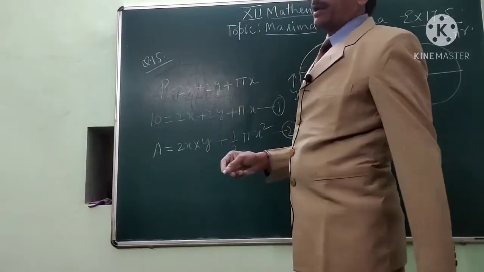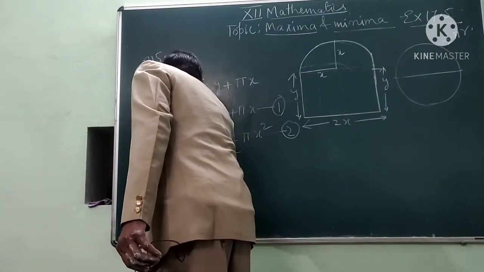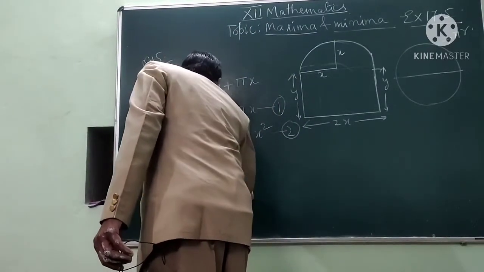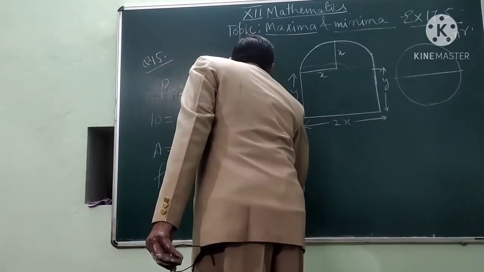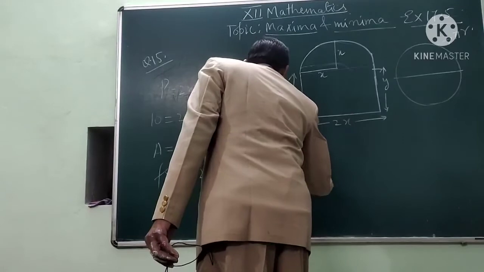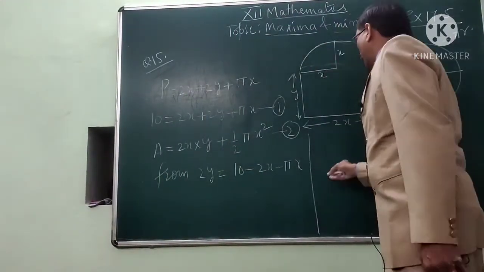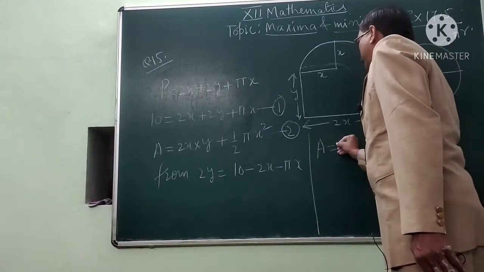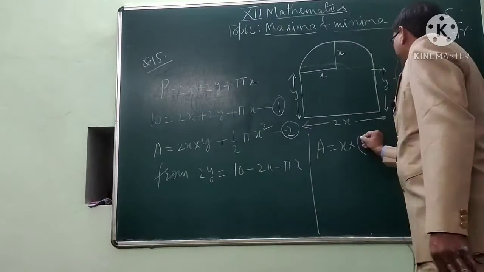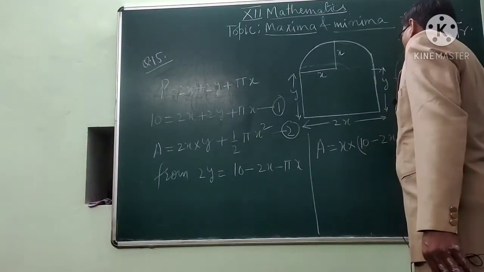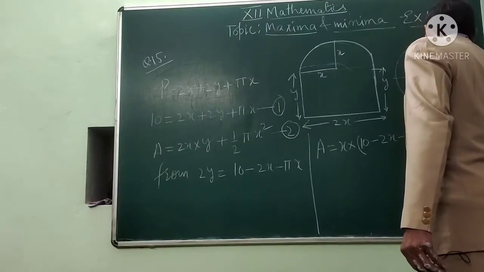Now we will find the value of 2y from the first equation. So from 1, 2y equals 10 minus 2x minus pi x. Putting this value in equation 2, the area becomes x into 10 minus 2x minus pi x plus 1 upon 2 pi x square.